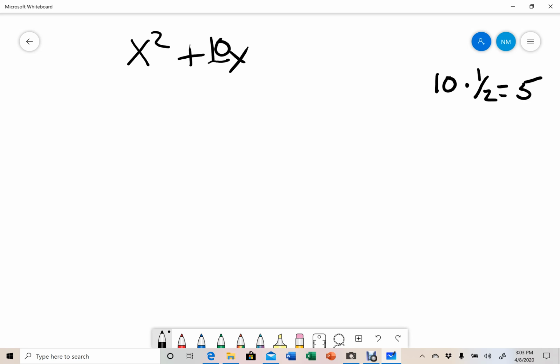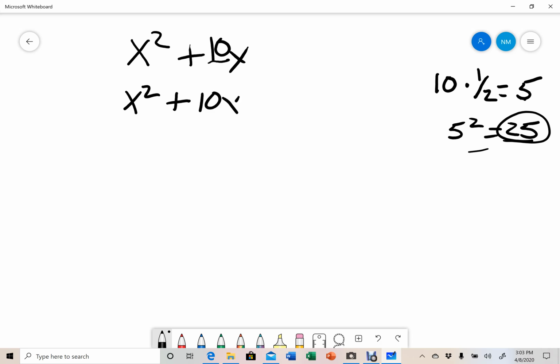Now, my second step before I can add it back in is to square this. So 5 squared equals 25. So this is the number that's going to complete my square. So I'm going to add this back into my equation, plus 25. Okay, now I've completed the square.